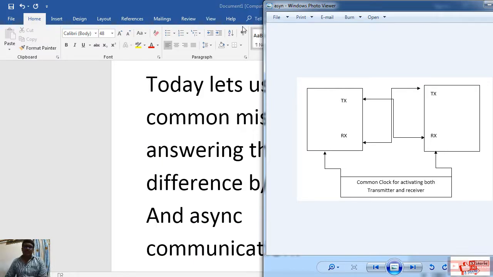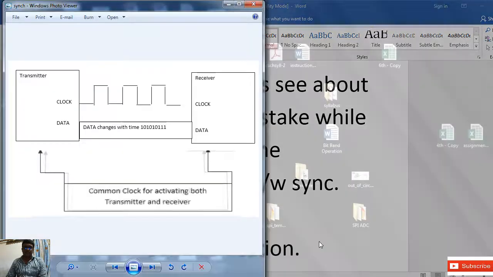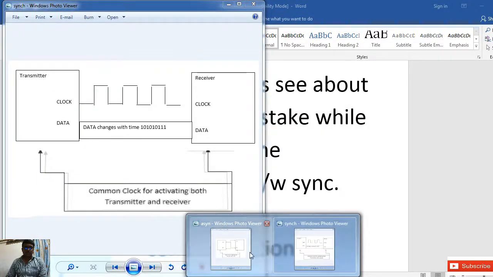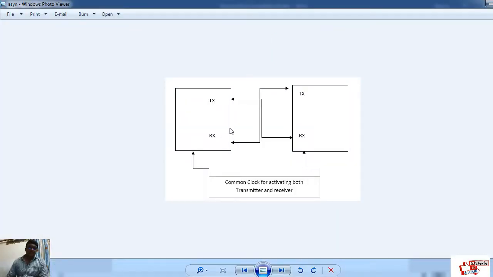So first let me brief about asynchronous communication. This is the transmitter and receiver of one asynchronous device, and this is the transmitter and receiver of another.